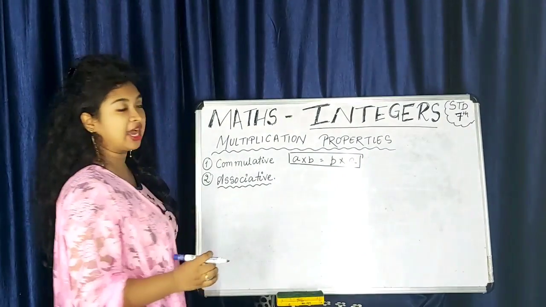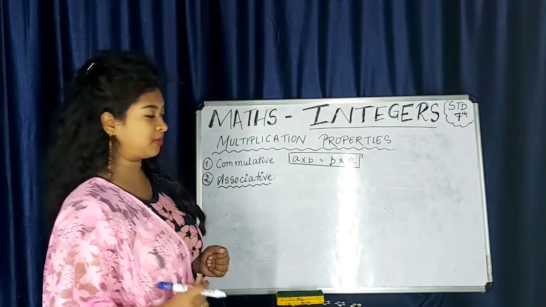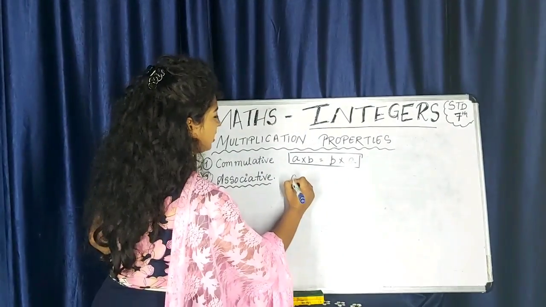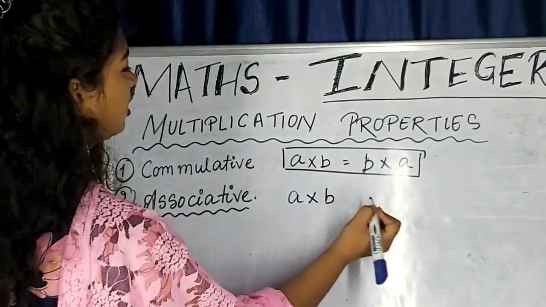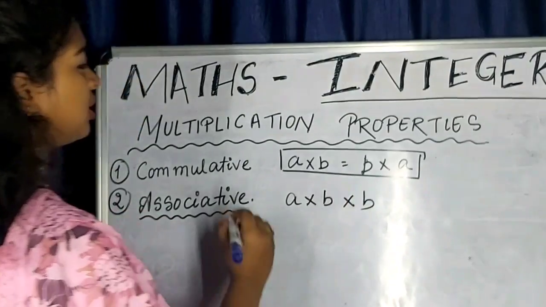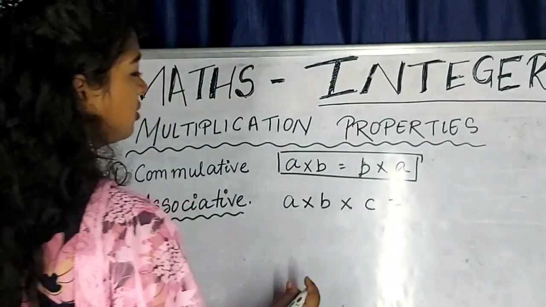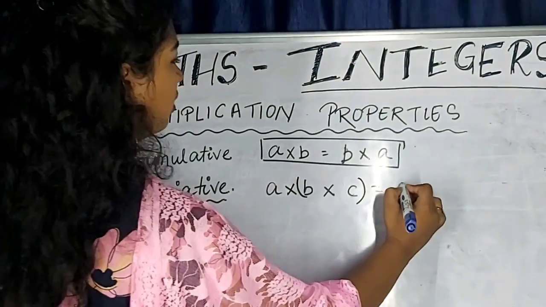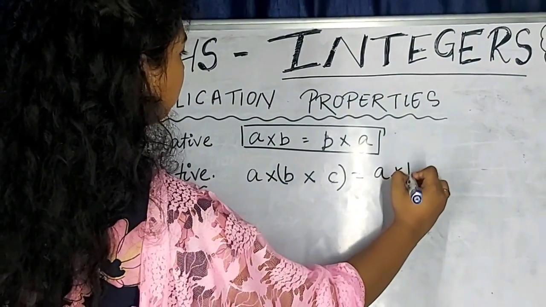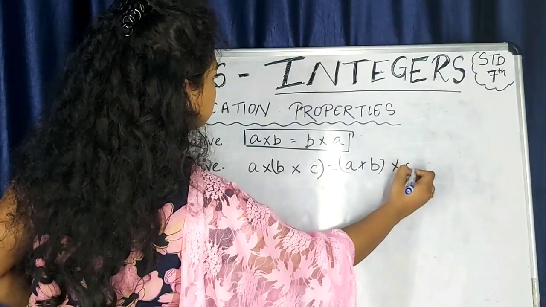So secondly, we have the associative properties. What happens here is, if A is multiplied with B and C, A into B into C, it can also be A into B into C with a different pairing.